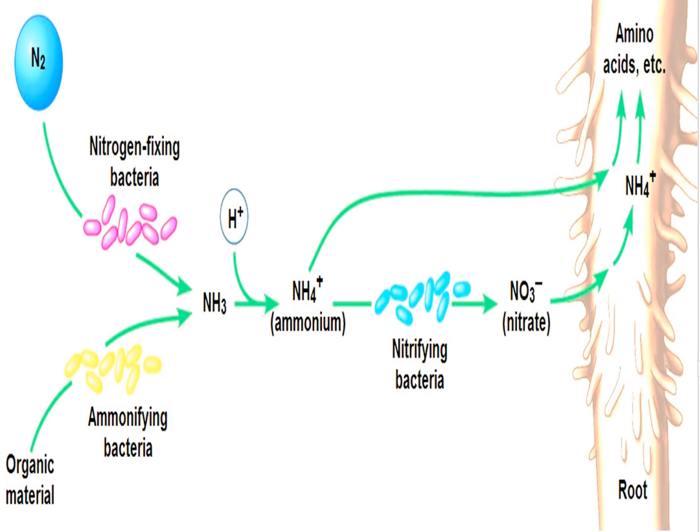The product of nitrogen fixation is ammonia, which is rapidly incorporated into amino acids. Plants that do not form nitrogen-fixing associations generally take up nitrogen in the form of nitrate. Nitrate must first be reduced to ammonium before it can be incorporated into organic molecules.